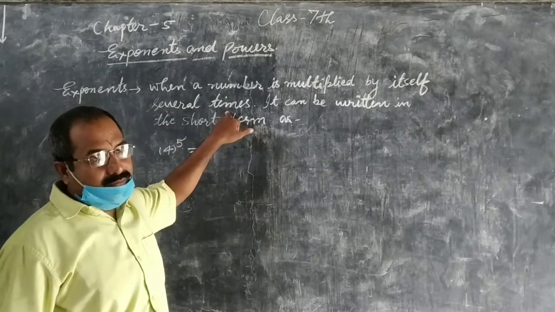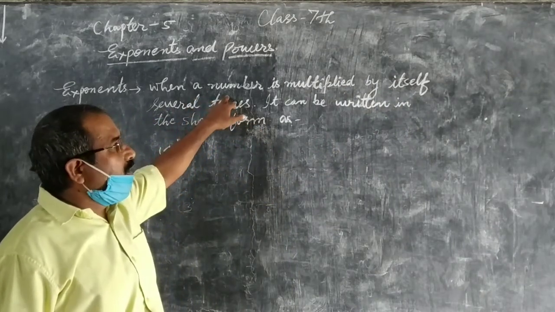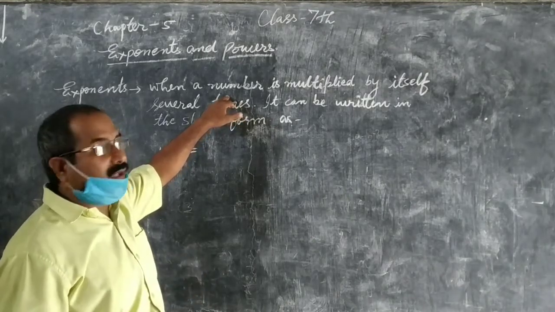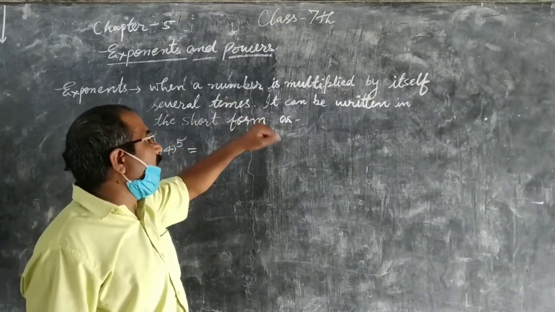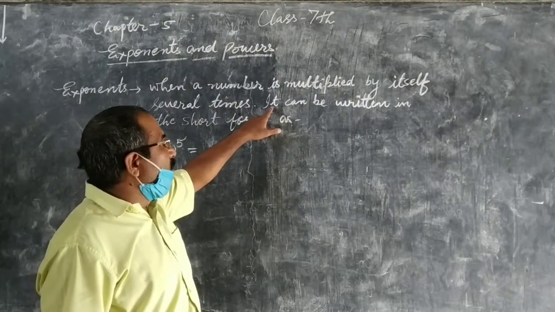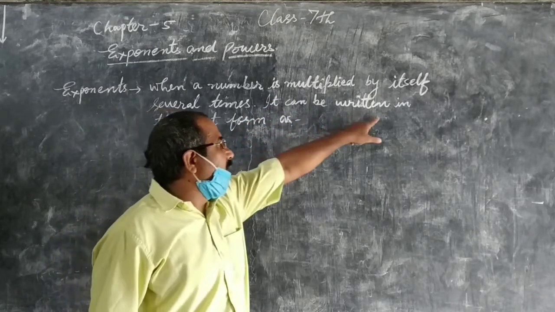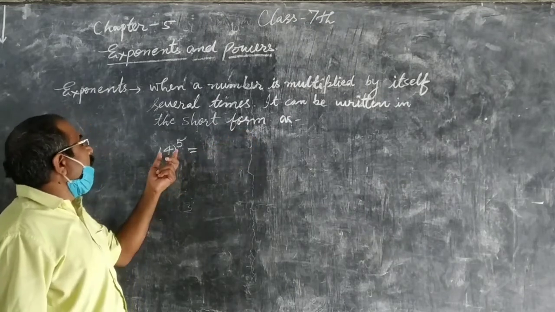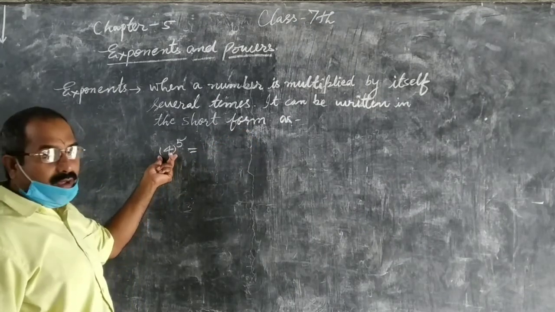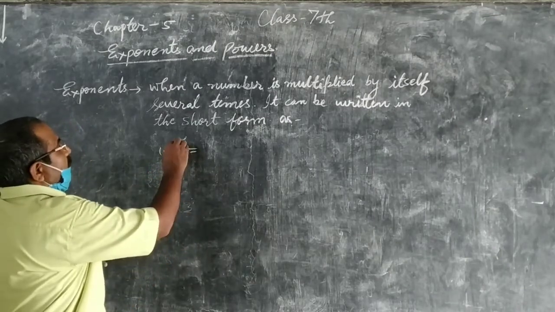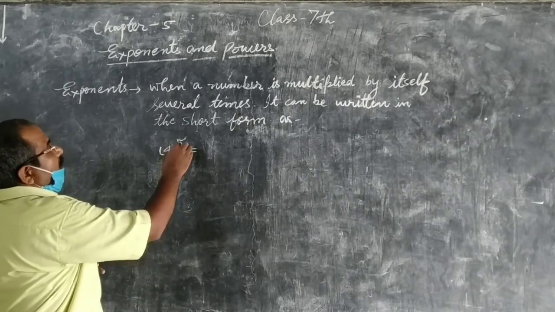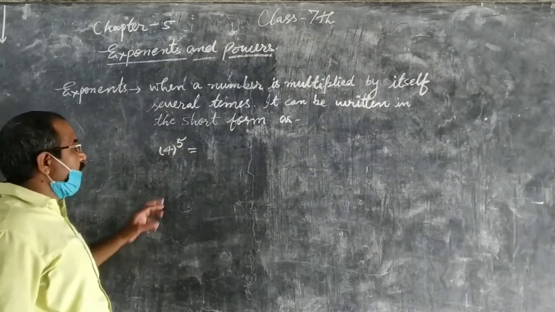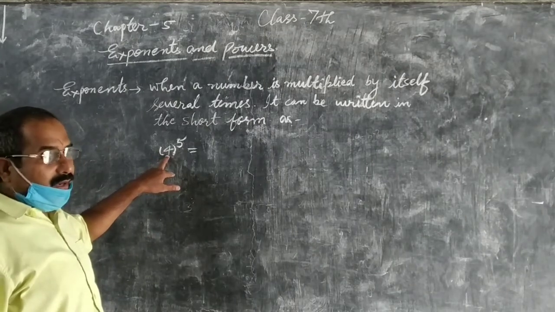several times, when a number is multiplied by itself more than once, written in multiplication form, it can be written in short form. So how will we write it in short form here? I have tried to make you understand. Suppose that this is 4 and here we have written 5. So how will you read it?